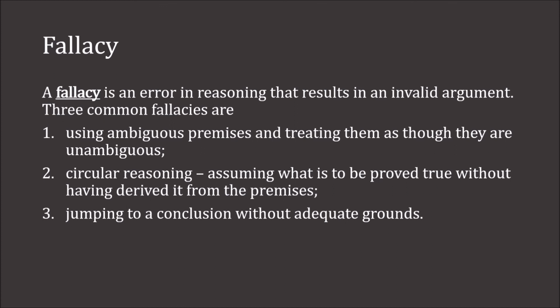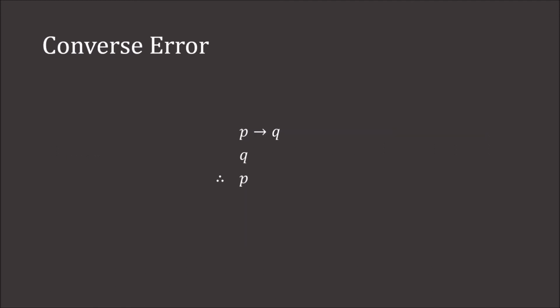Two common fallacies that students make. First is the converse error, which is: if P then Q, Q, therefore P. Remember that a conditional can have a true conclusion but a false hypothesis.